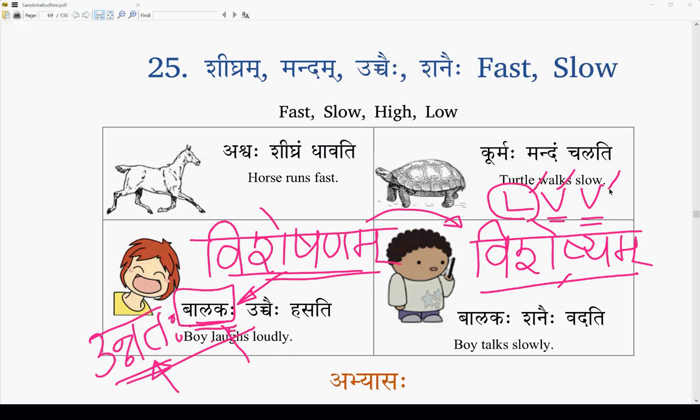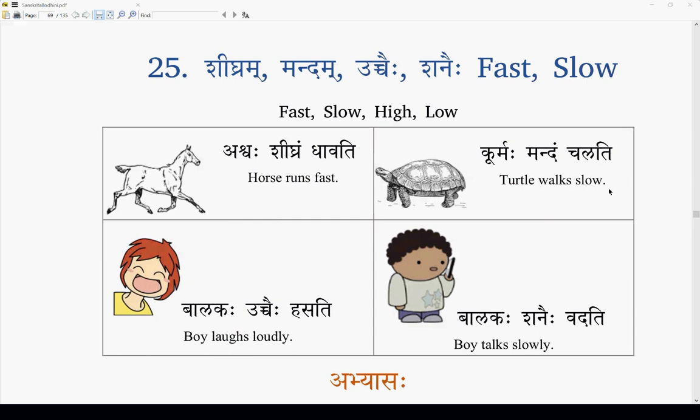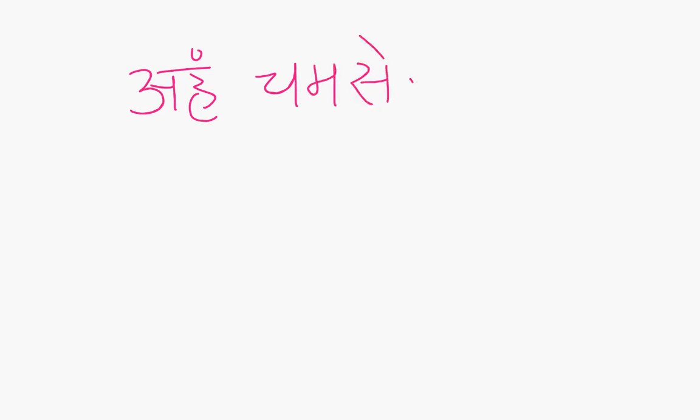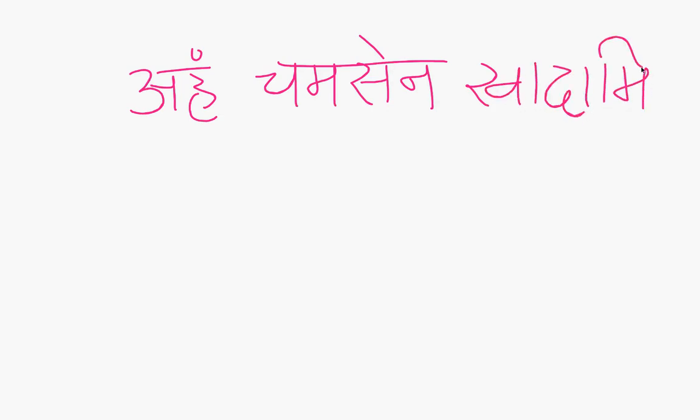Now, if it is in tritiya vibhakti, let's take an example with some word. Aham chamasena khadami. Suppose that is the sentence. In this, tritiya vibhakti is in chamasena.